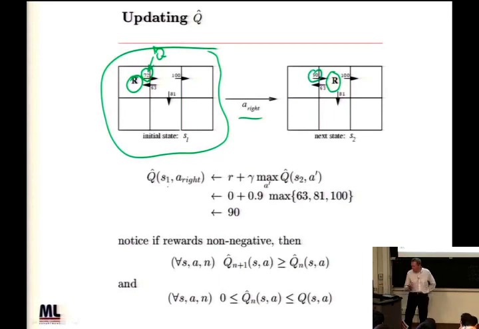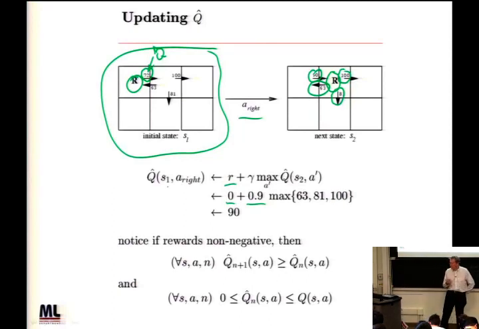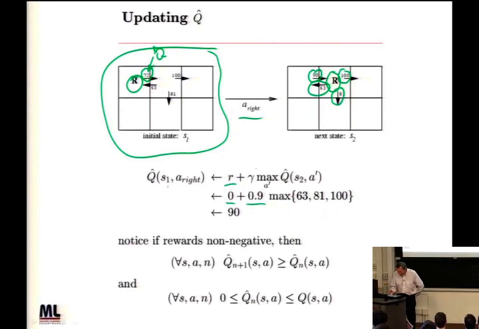How do we get that better estimate? Well, we just take the observed reward that we actually got when we sampled that state action pair, in this case an immediate reward of 0, plus the discount factor times the maximum over the outgoing actions we could take from our new state. And in fact, as we noticed, that maximum is the V function for the new state.